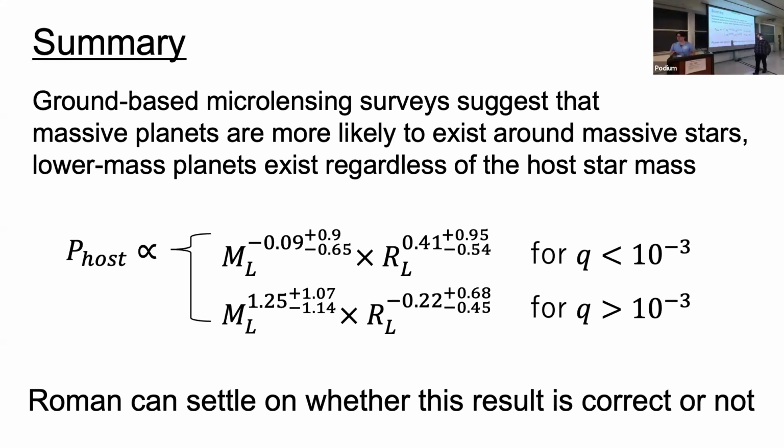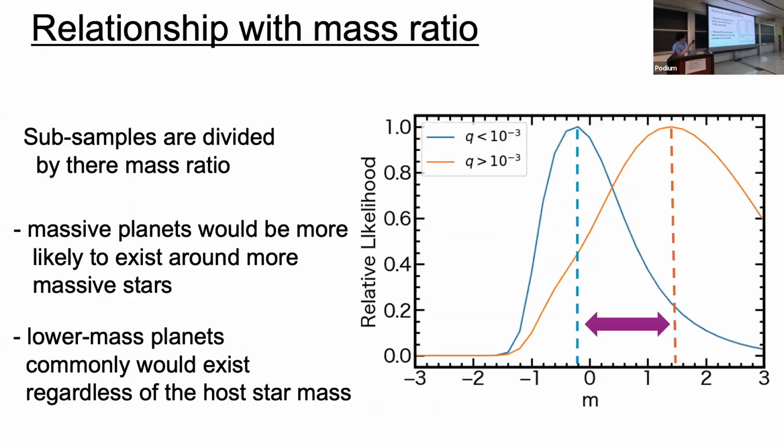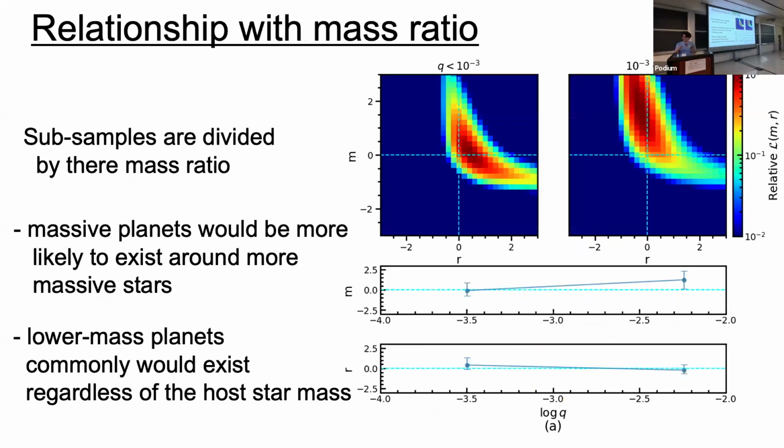Hi, I might have just missed this, but maybe this is just a clarification question. When you say lower mass planets exist regardless of the host star mass, do you mean it's a less dependence, or do you mean there's no dependence? I ask because for transit, there definitely is a dependence. So what do you mean by this result?